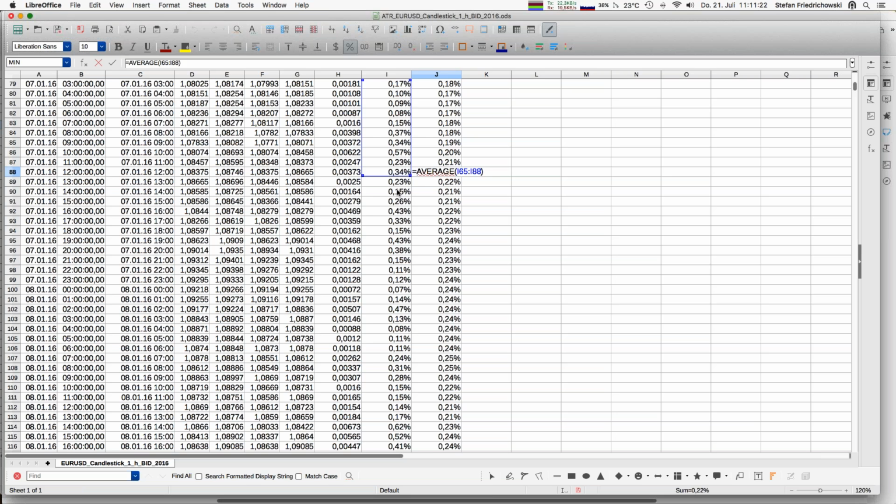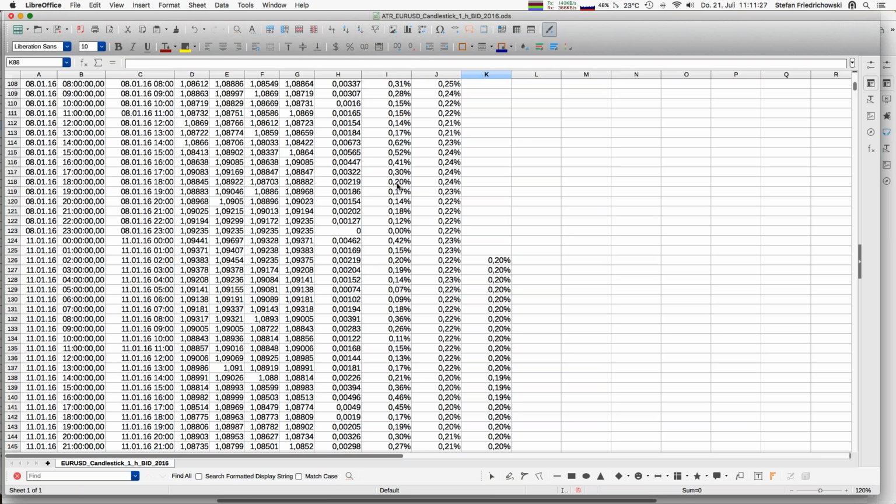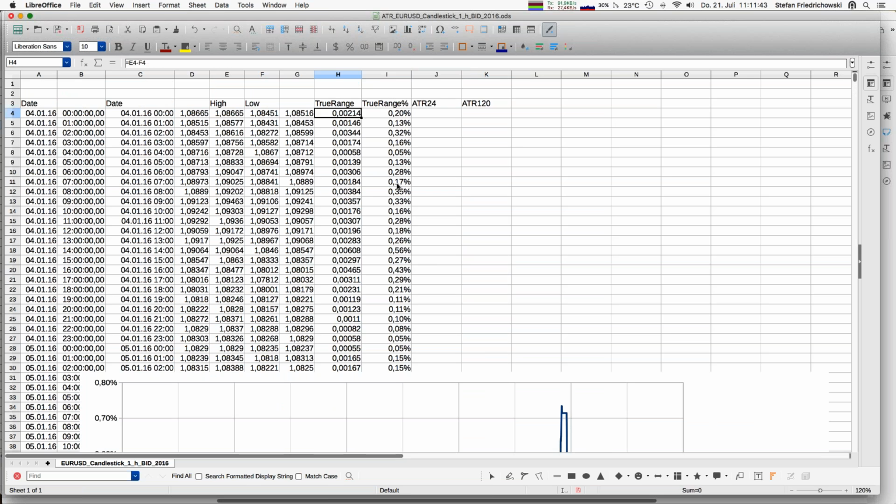So we have this average value here as well, and I have done a second ATR that is based on 120 candles, just for illustration what kind of difference we get when we have a different averaging of those values. So let's have a look at the chart.